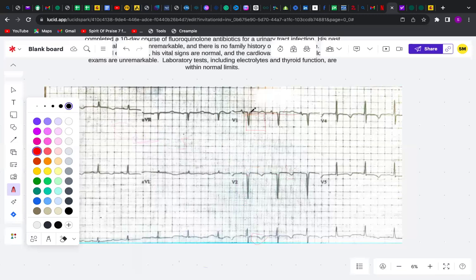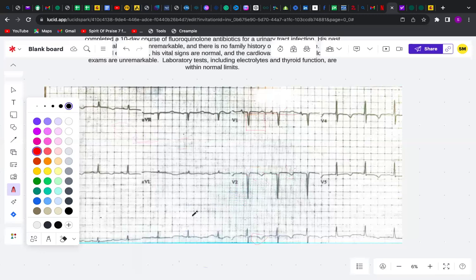Then we also see the ST elevations in V1, V2, which shows a septal MI going on there.